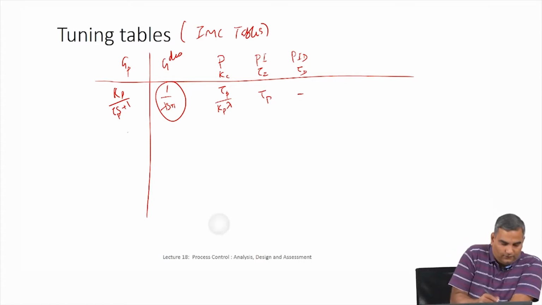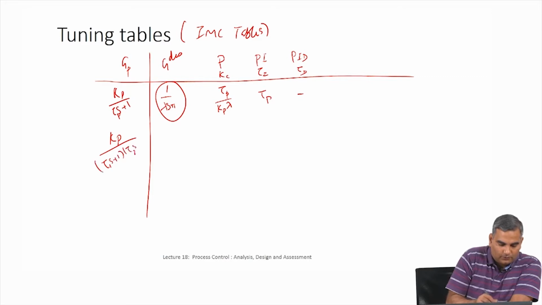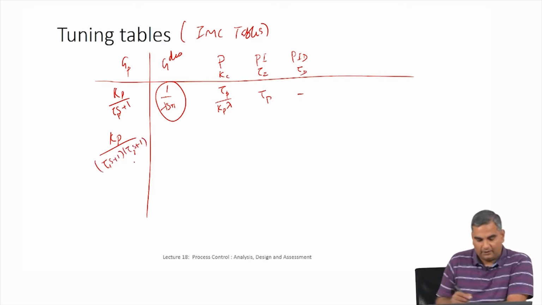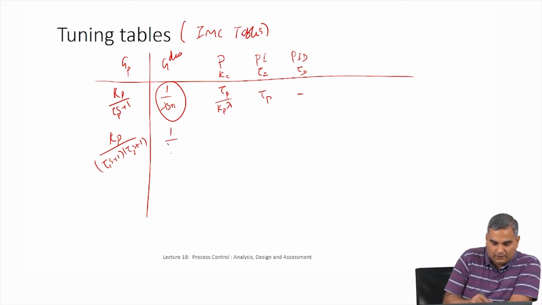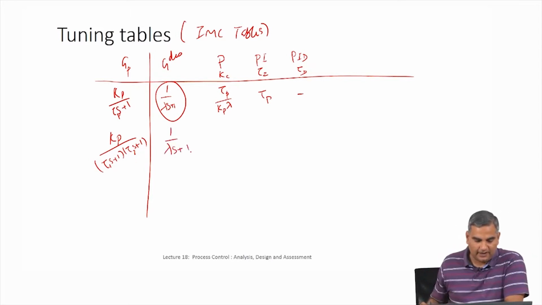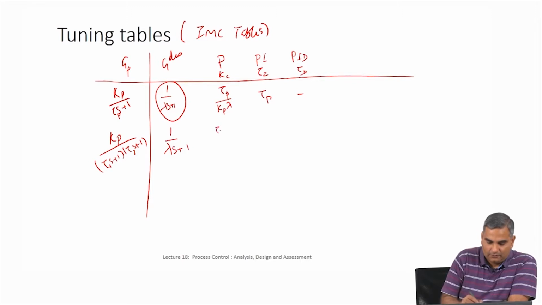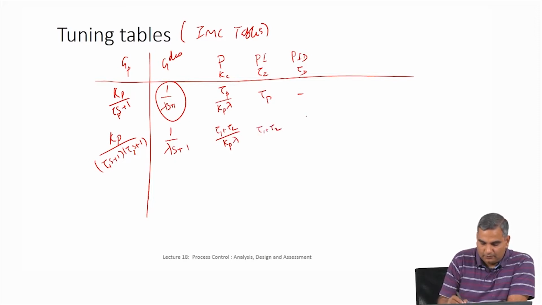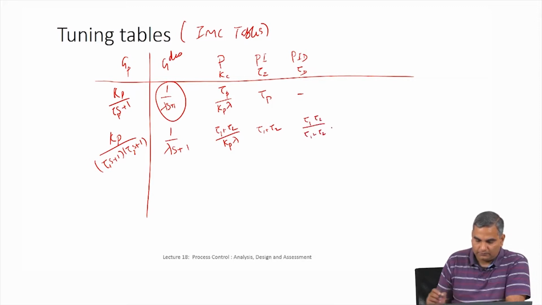Now let us say you have a second order transfer function, with tau 1 s plus 1 and tau 2 s plus 1, and let us say your G desired is still the same. In this case Kc could be tau 1 plus tau 2 divided by Kp lambda, tau I could be simply tau 1 plus tau 2, and tau D could be tau 1 tau 2 divided by tau 1 plus tau 2, right.